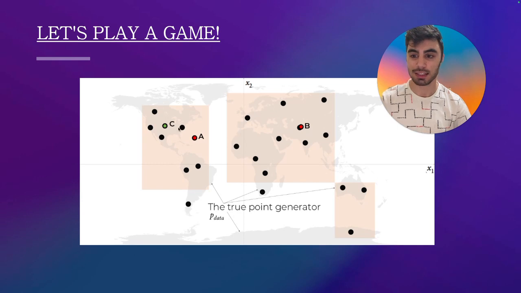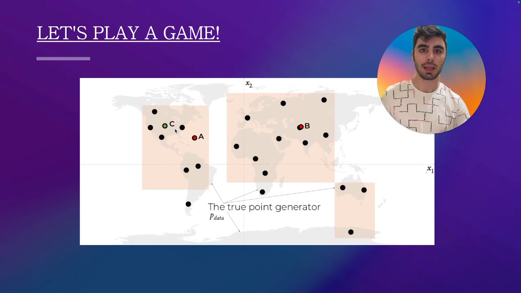But let's see C, okay? Point C is different from P data in the sense that it is a new point, and it is also similar to the P data. It is on the land instead of the ocean, and it is different from the points we already have. So the main point of this video is that generative models try to mimic our real data.